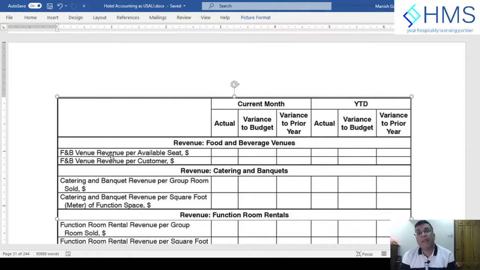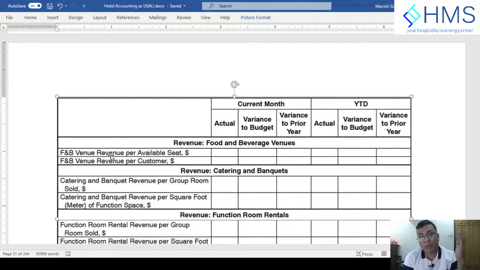So you can either calculate the capture ratio, the total number of checks or total number of covers, divided by the total number of guests who are coming into the group rooms. That is one way to understand what is the take up ratio of the banquet facilities. The other way is to compare the revenue per group room sold.